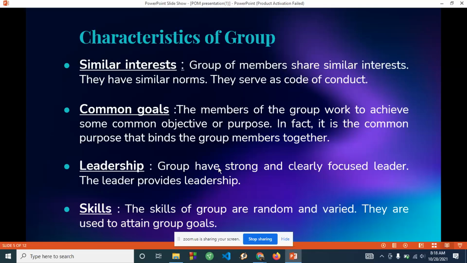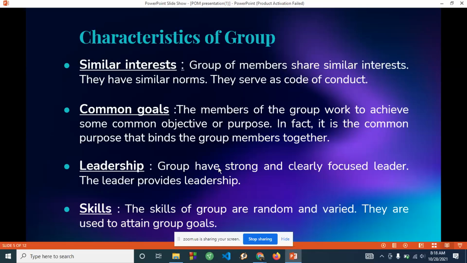Common goals. The members of a group work to achieve some common objectives or purpose. In fact, it is a common purpose that binds the group members together. If they do not have common goals, then they might not achieve organizational achievements as well. So group members must have common goals.